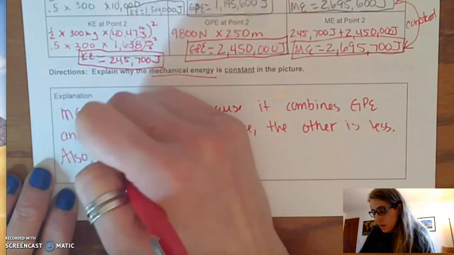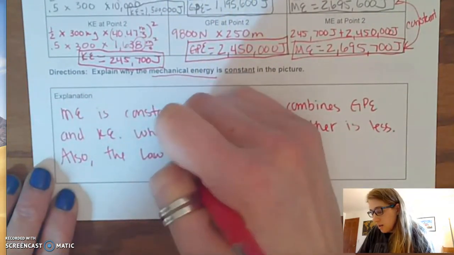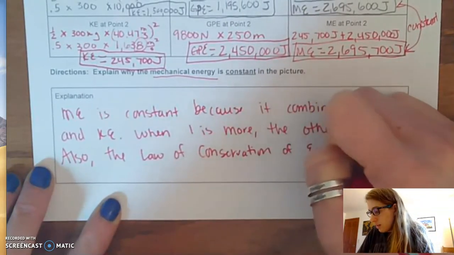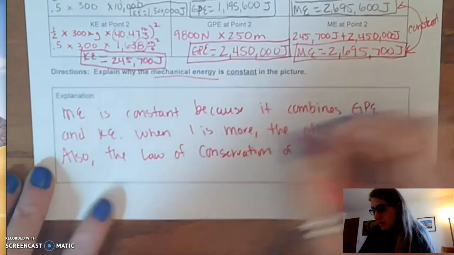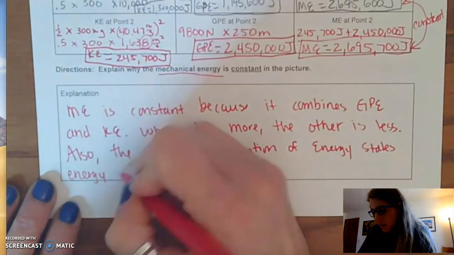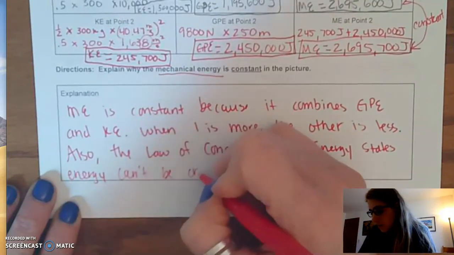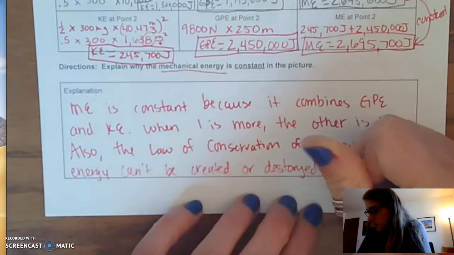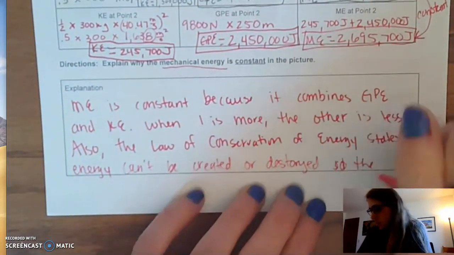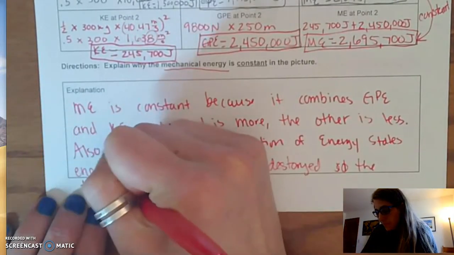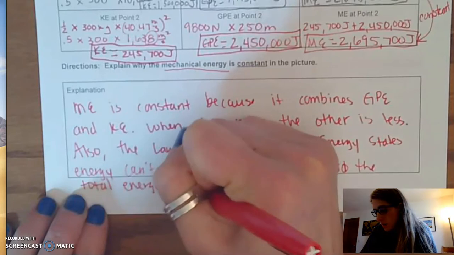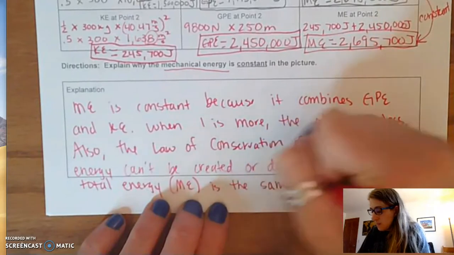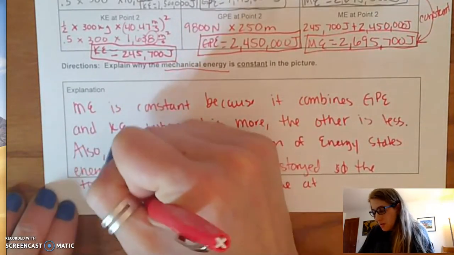Also, the law of conservation of energy states energy can't be created or destroyed. So the total energy, which in this case is my mechanical because it adds both of them, is the same at both spots.